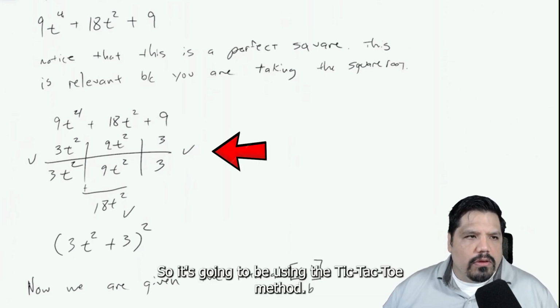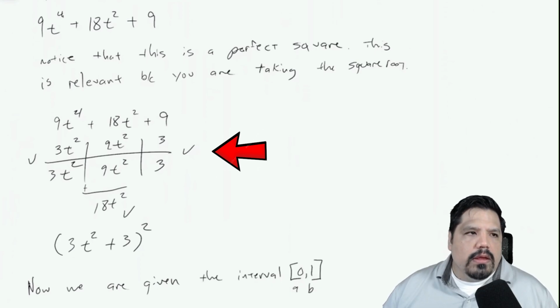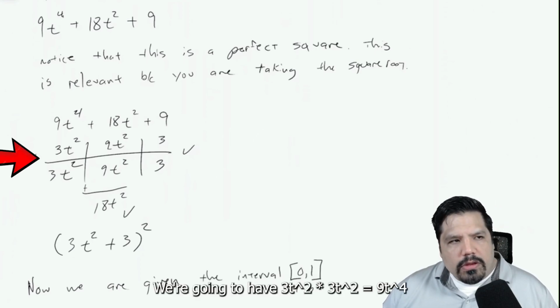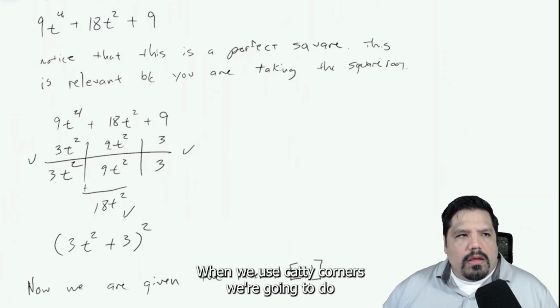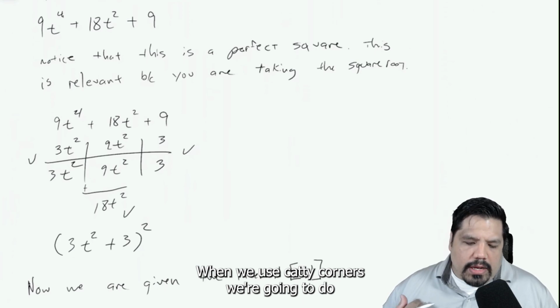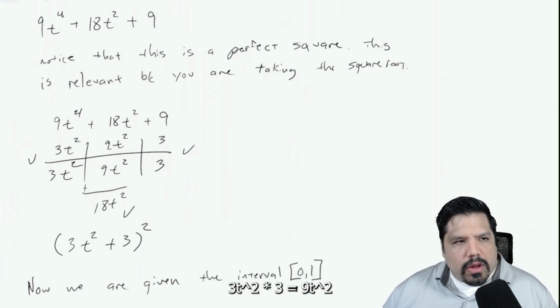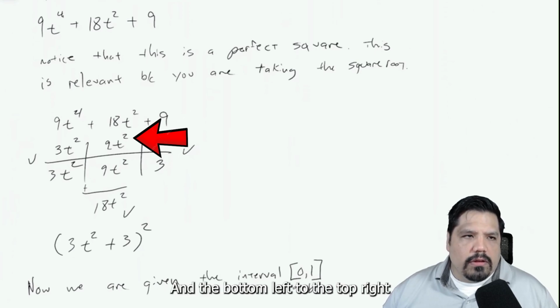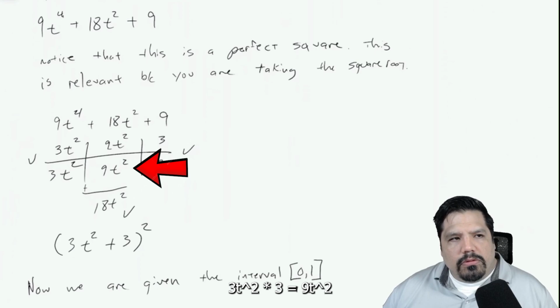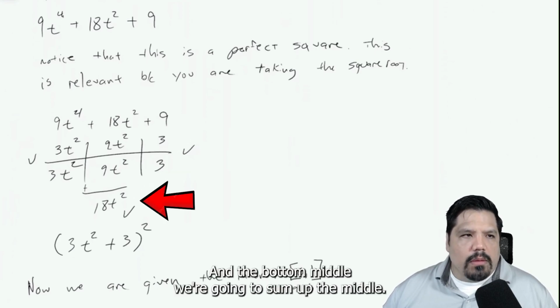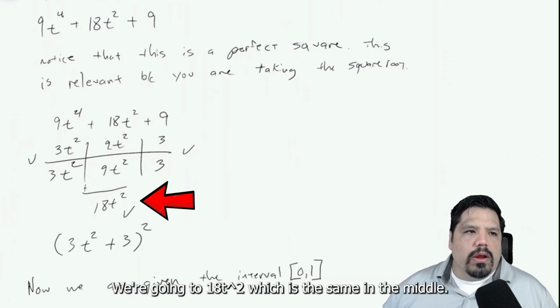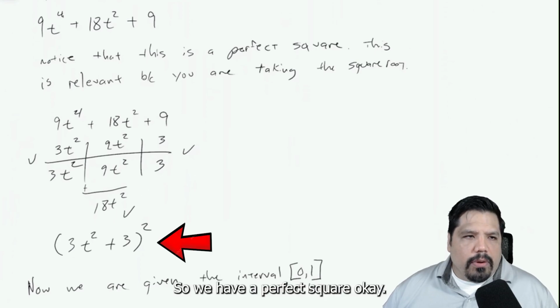Using the tic-tac-toe method, we have 3t squared times 3t squared equals 9t to the fourth, and 3 times 3 is 9. With the catty corners, 3t squared times 3 equals 9t squared, and the other corner, 3t squared times 3 equals 9t squared, and we sum up the middle to get 18t squared, which is the same in the middle. So we have a perfect square.